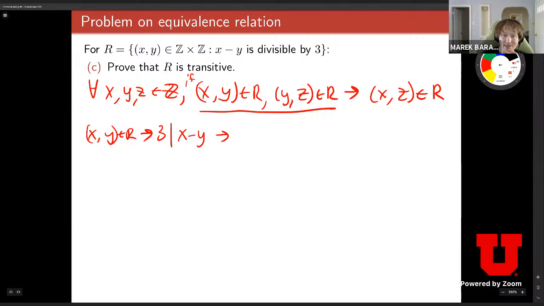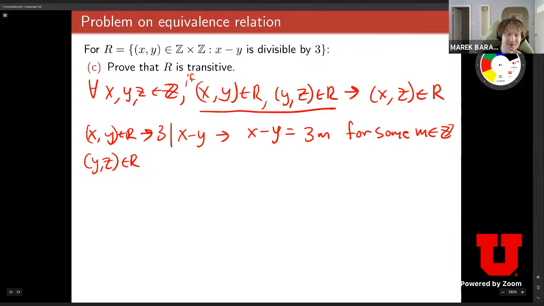And that means that x minus y equals 3m for some m in the integers. And yz being in R implies 3 divides y minus z. And that means that y minus z equals 3n for some n in the integers.